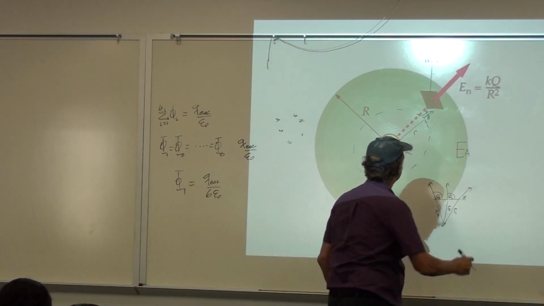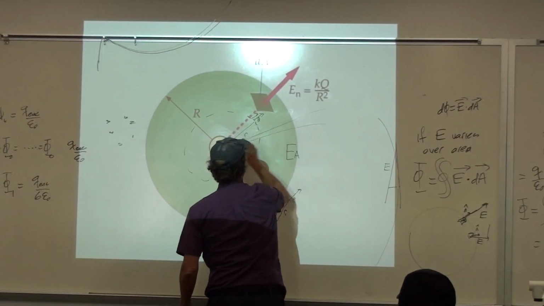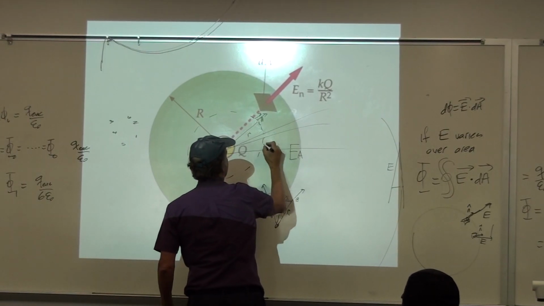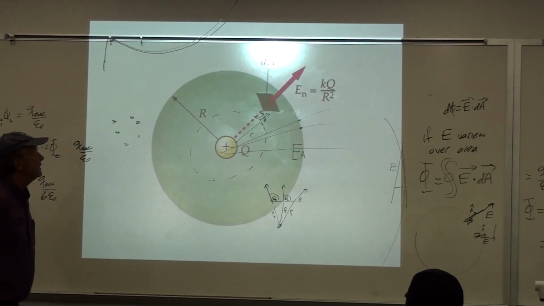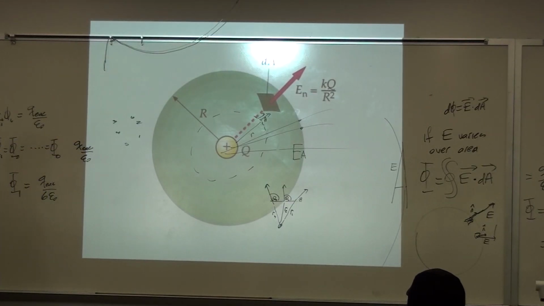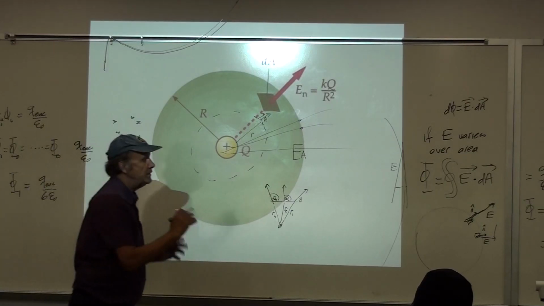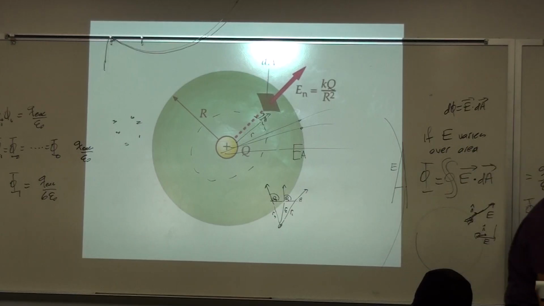And we're thinking of this as being intensity of electric field lines. Okay, so here the lines are closer together, here they're farther apart. And so that gets back to the idea of how closely spaced the lines are in relationship to how strong the electric field is.